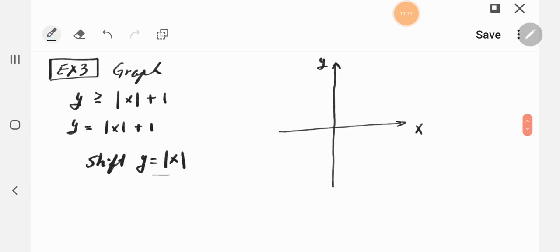Shift the graph of absolute value of x 1 unit up. Okay, 1 unit up. So here it is 1, and then the graph will be, okay, this is a solid line.